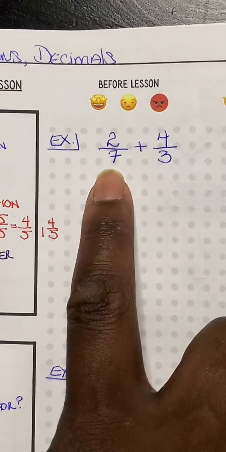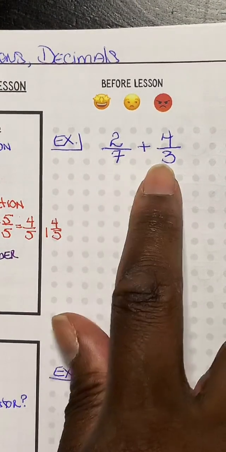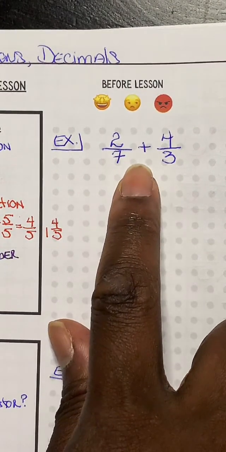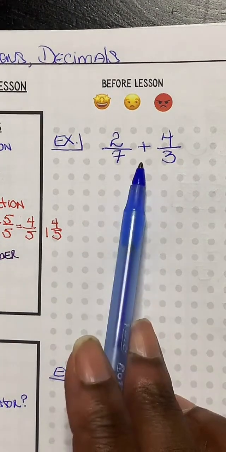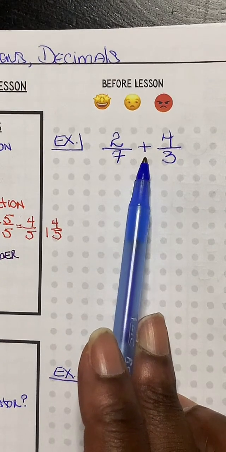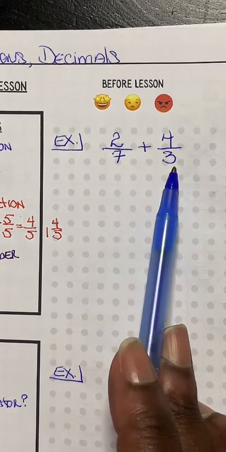So now, denominators 7 and 3. We need to have a common denominator every single solitary time. Anytime you're adding or subtracting, take a look in between the two fractions, you want to get a common denominator.